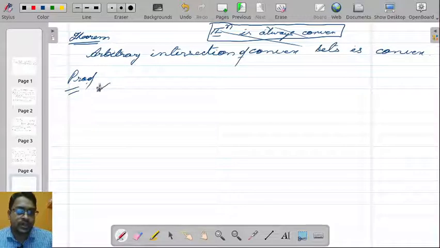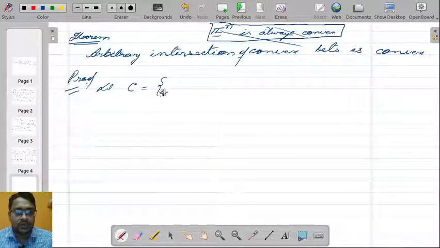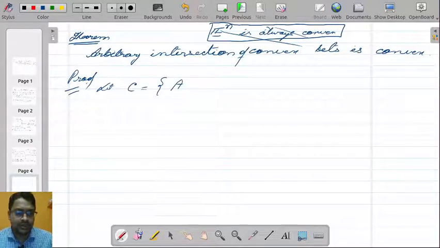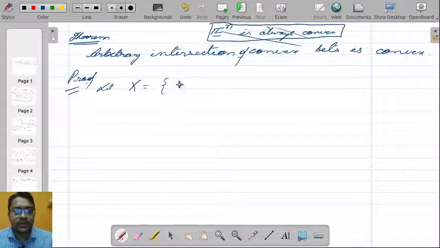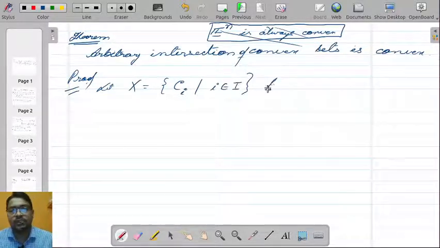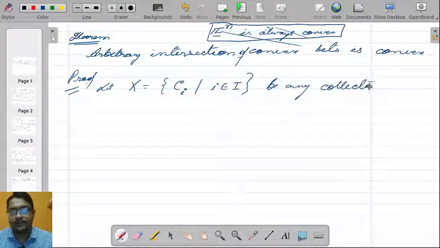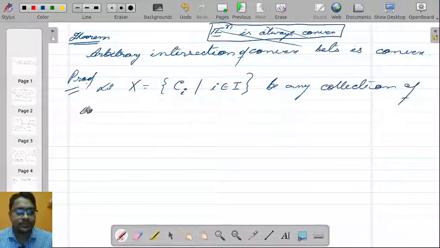So how do I do this? Let X equal to the collection of Ci such that i belongs to capital I, be any collection of convex sets.